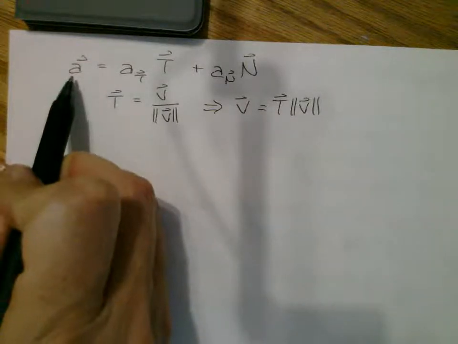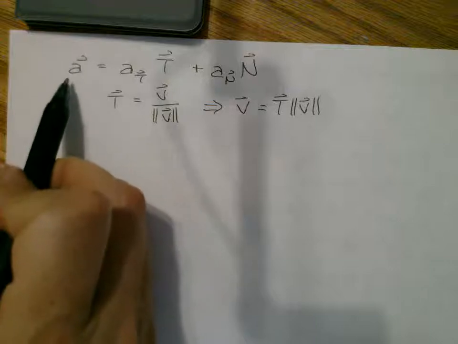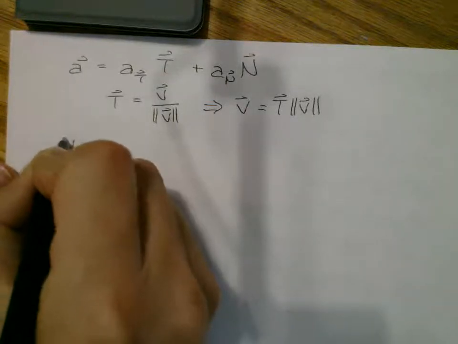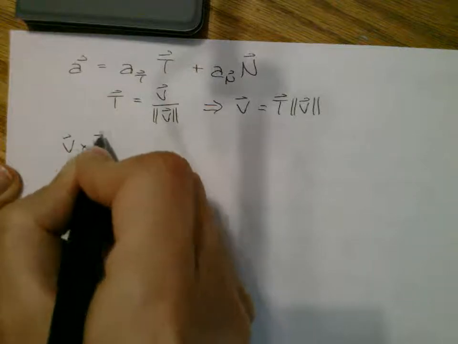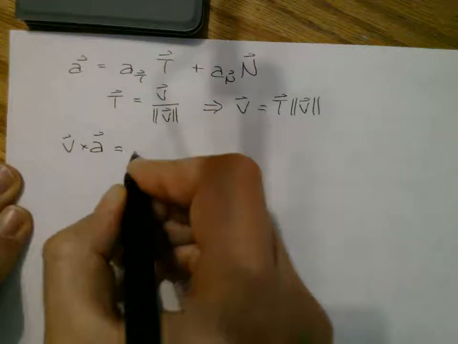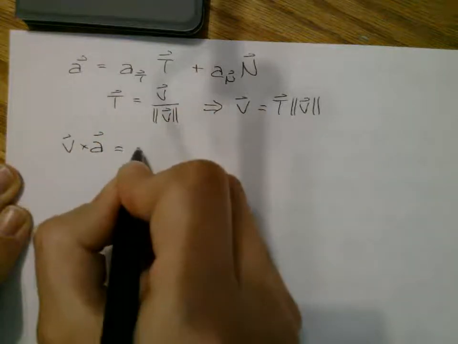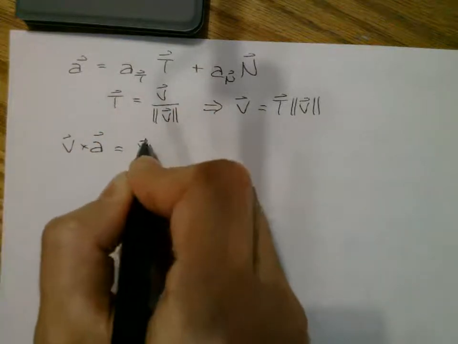Let's see, I want to take a cross product of the acceleration with the velocity. Here we go. I got v cross a. And so that means I'm going to do a cross product of v with each of these.